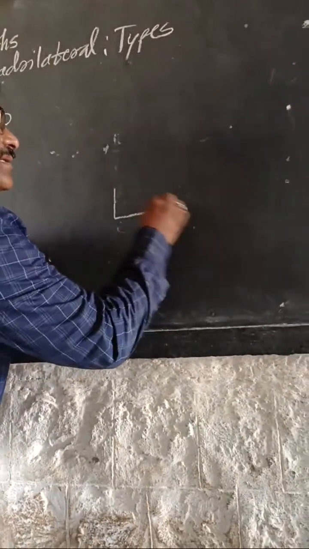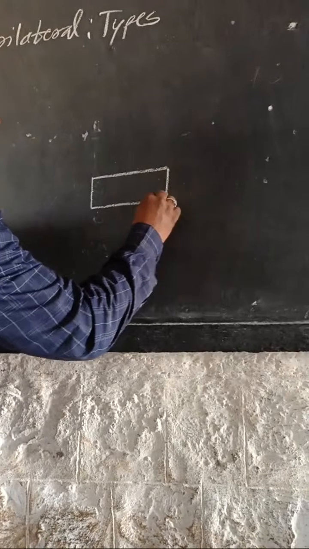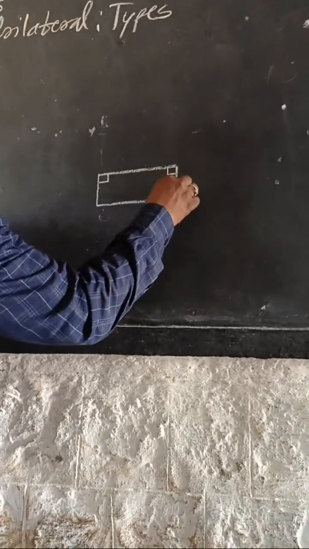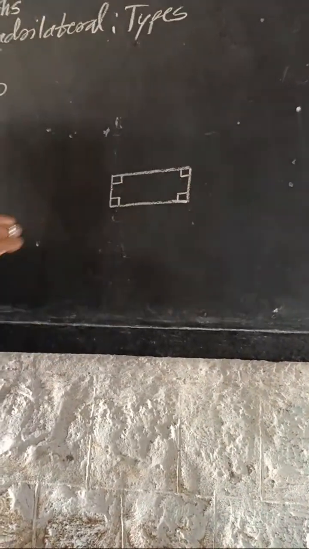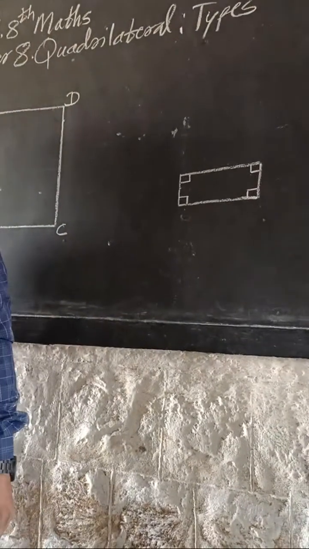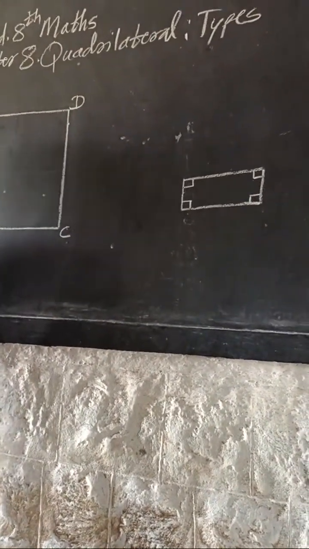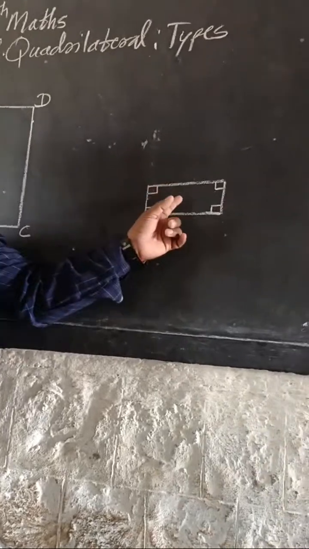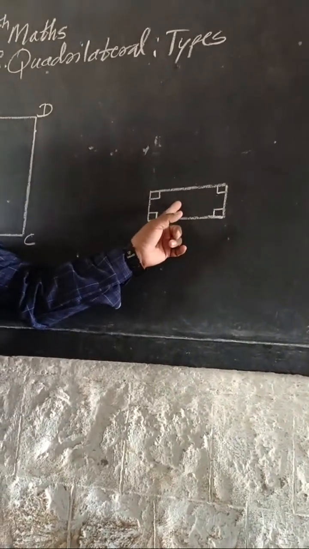If all angles of a quadrilateral are right angles, then that quadrilateral is called a rectangle.